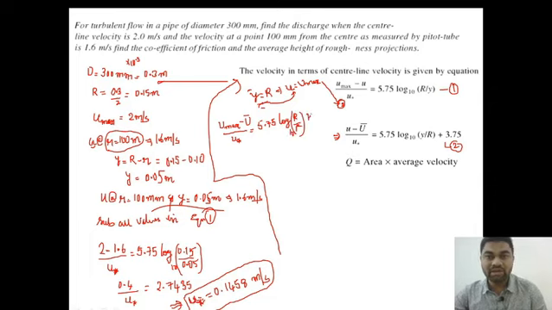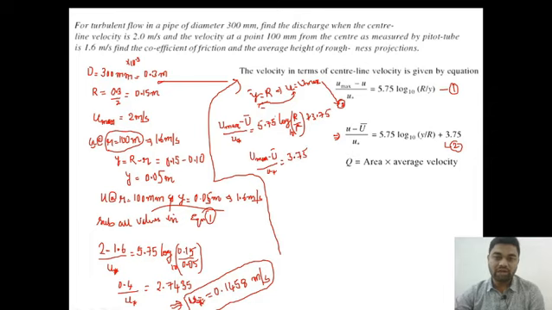Now when we solve this, look at this value: log r by r is log 1 to the base 10, and the value of log 1 to the base 10 is 0. 5.75 into 0 becomes 0. So what is remaining?